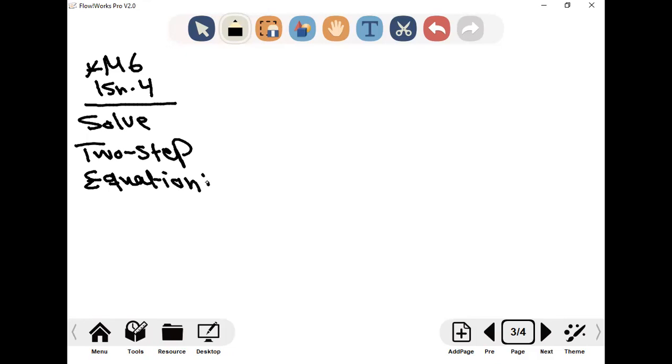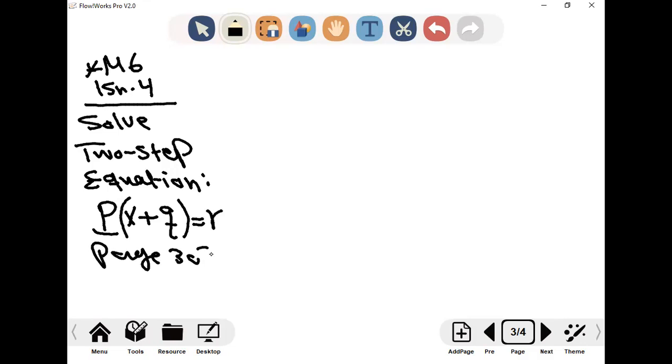Now the form is P. Look at the board to understand the title. P is a number. With parentheses, what's between them? So P multiply this parenthesis. Inside the parentheses, X plus Q, all equal R. This is page 307, and we are on 7 November.